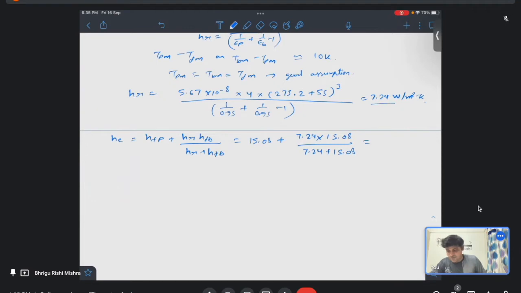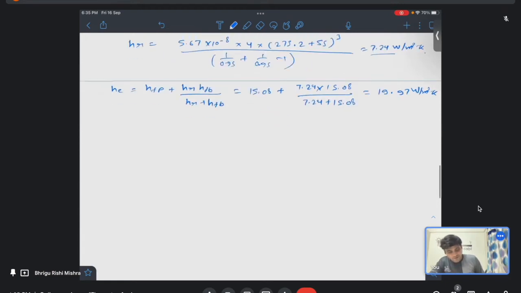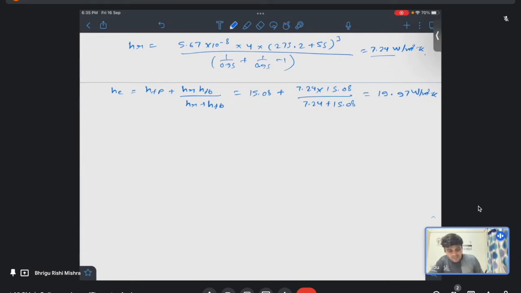If you solve this, you will get 19.97 watt per meter square per Kelvin. Okay, so we have HE and HR. Now we can calculate the collector efficiency factor, heat removal factor, output temperature, and the useful heat gain, meaning the performance parameters of the solar air heater.